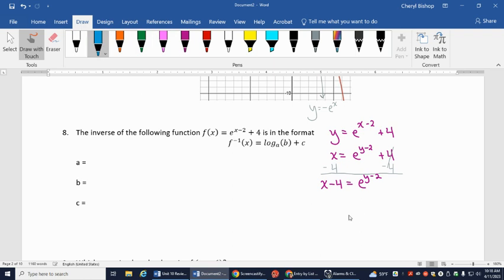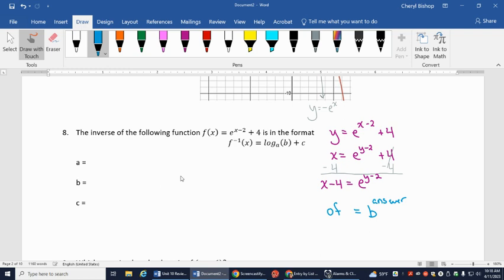Remember, we say that the base to the answer equals the of. Notice I wrote it backwards, because I wrote the base to the answer on the side that has the exponent. Does that make sense? So what is my base?